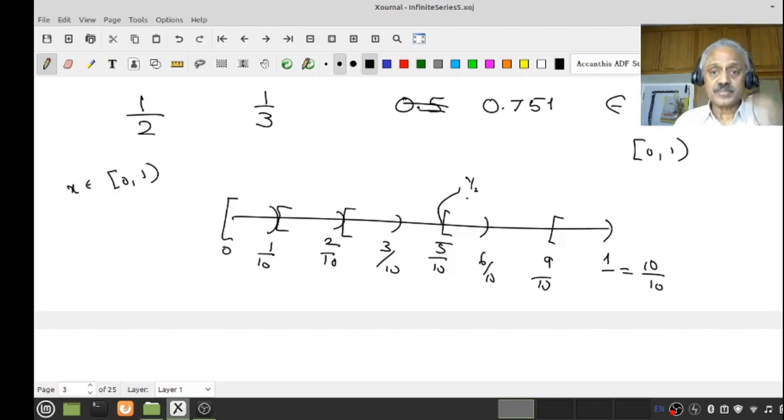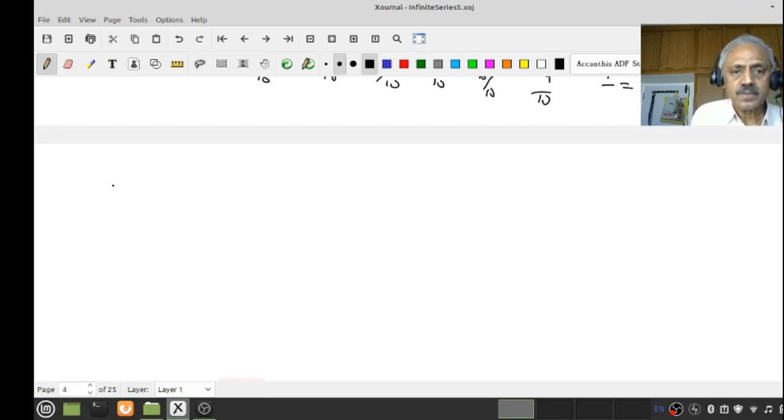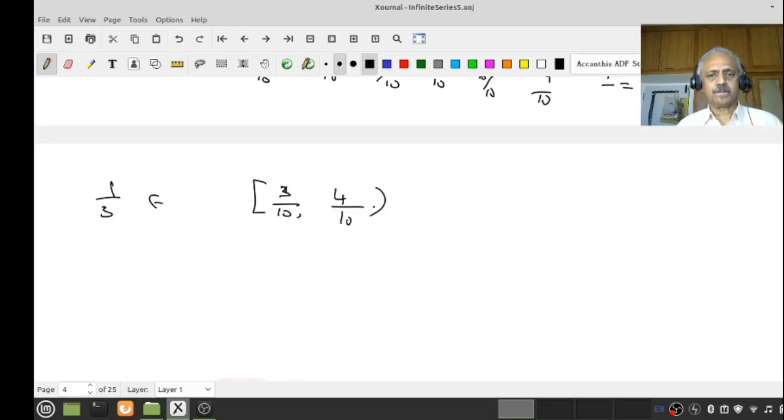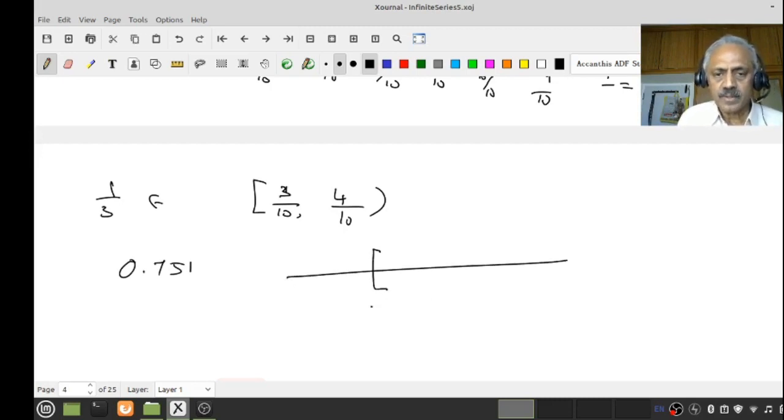Whereas if I take 1/3, where do you think it will lie? 1/3 will lie between 3 by 10 and 4 by 10, because 1 by 3 is greater than 3 by 10, strictly less than 4 by 10, right? And if I take 0.751, where do you think it will lie? It will lie in the interval 7 by 10, 8 by 10.